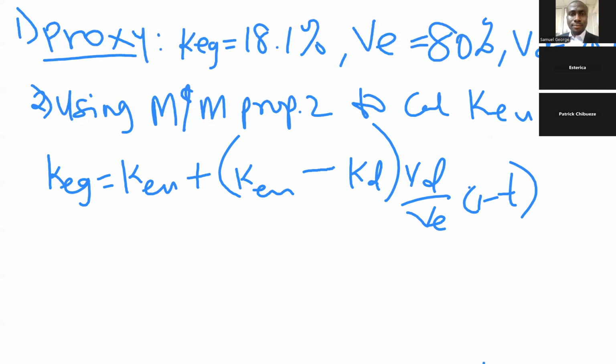Now, what are we going to have? Our cost of equity geared is 18.1%. So KEG is 18.1%. It is equal to KEU plus (KEU minus KD).